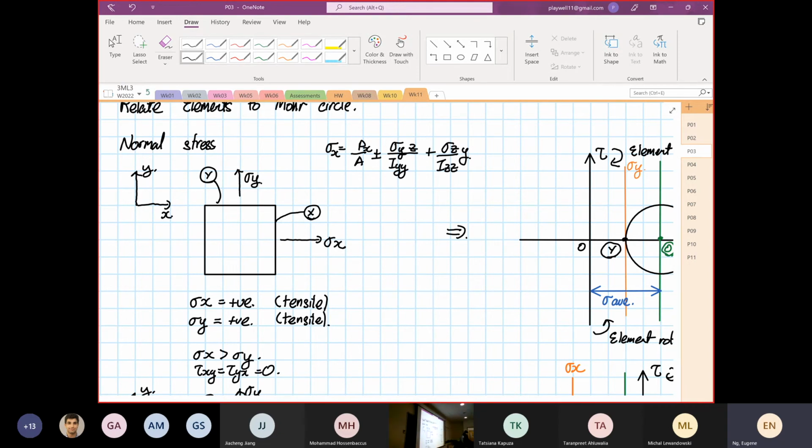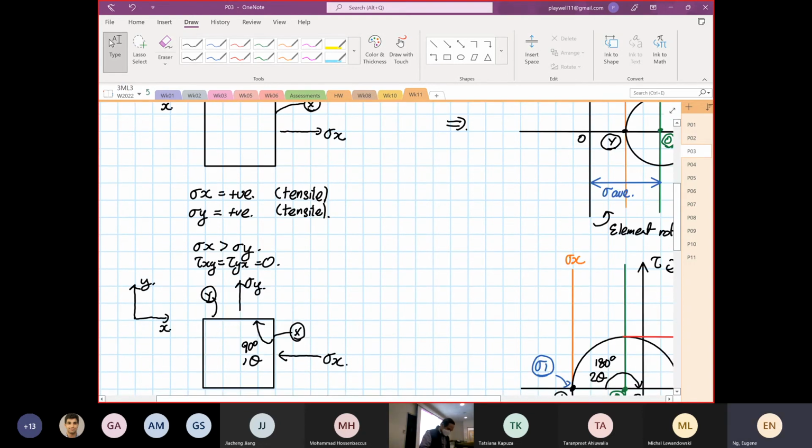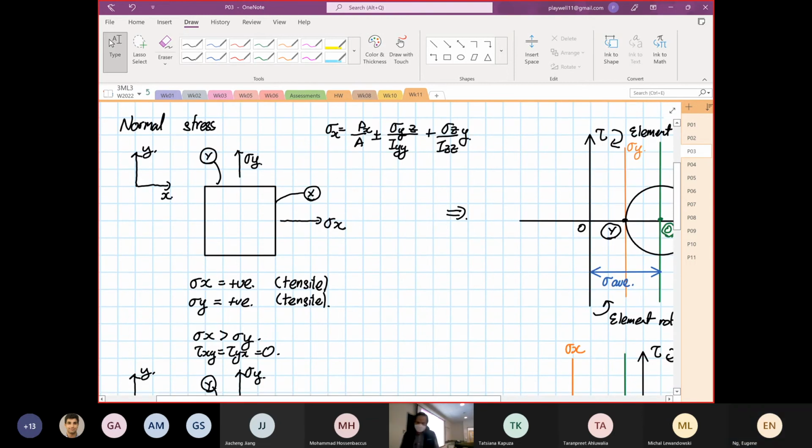Okay? And then if we look at the shear, I'll let you finish copying for a second. If we were to go into the shear, there's also one formula. And you all know how to calculate the magnitude, right?